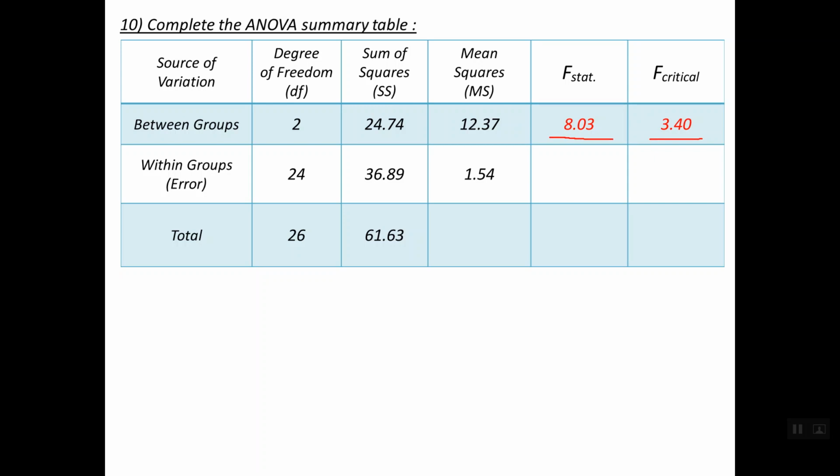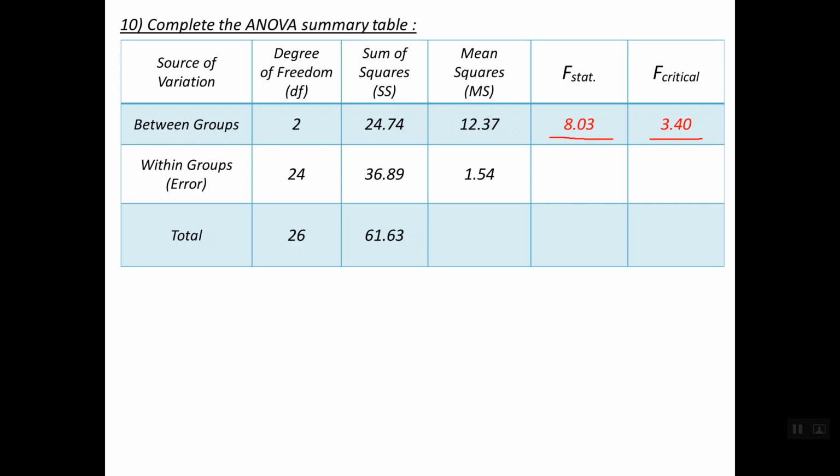We compare the value of the F statistic, or the calculated value of F, with the critical value of F. And as we see here, the value of the F statistic, or the calculated one, is bigger than the critical value of F. So in this case, we reject the null hypothesis, which states that the three means for the three treatments are the same.